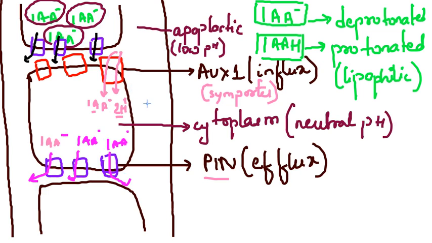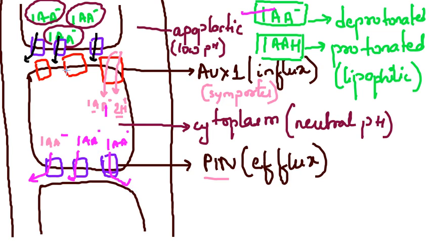Now inside the cell, what happens? I said that there are 2 forms of IAA. About the first form we discussed: it is released from the previous cell, comes out in the apoplast, then takes entry through AUX1 inside the cell and is released again from this cell by PIN.